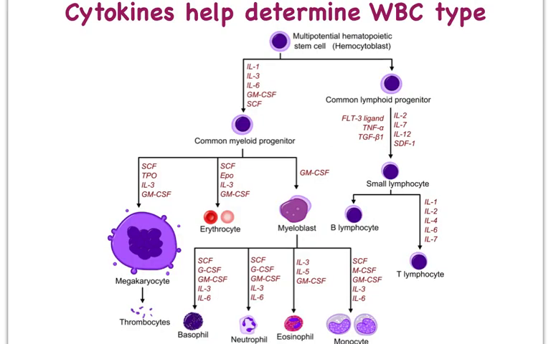So this diagram shows you, of course, the whole process of hematopoiesis. Here we have our hematopoietic stem cells, sometimes called the hemocytoblast. It produces its precursor stem cells, and then we get our platelets, our various white blood cells, and here we have our erythrocytes, right?